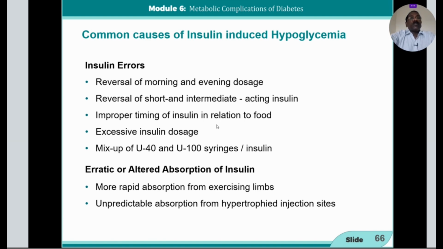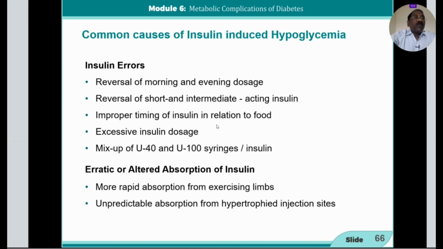Suppose the patient requires 40 units. If you are using the 40 unit syringe, you have to give 1 ml to get the 40 units. Whereas if you use the 100 units per ml syringe, you give only 1/4 of this volume. That is the advantage. Some of my patients require 60 units.